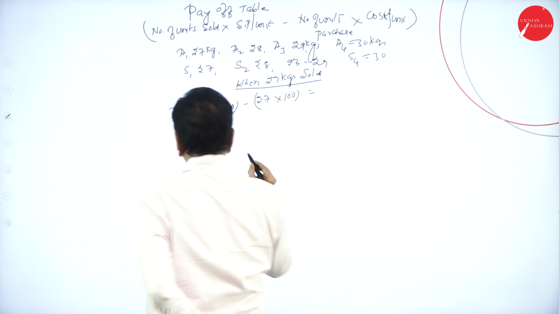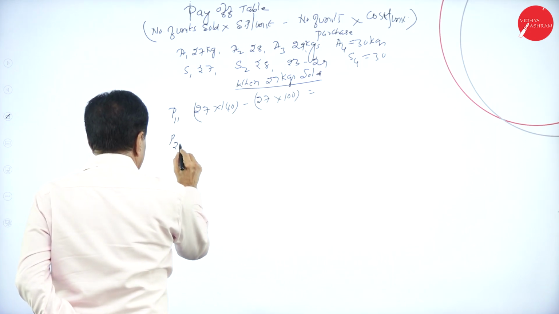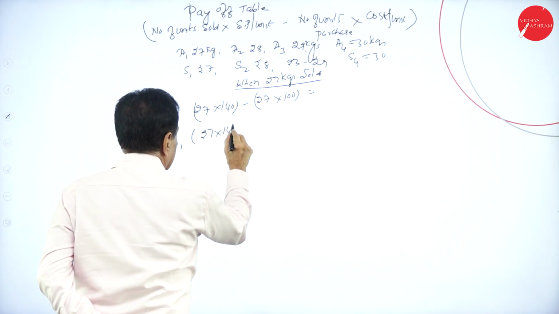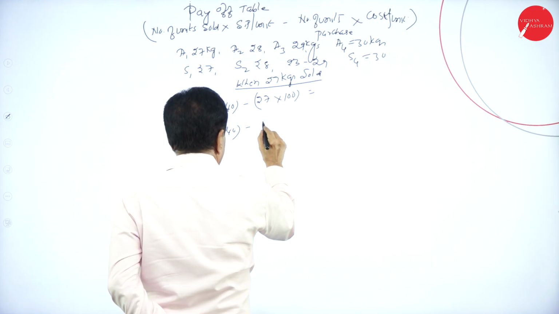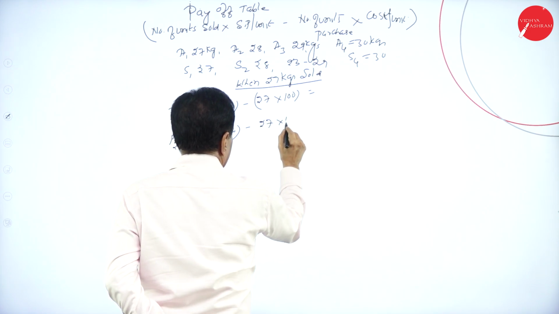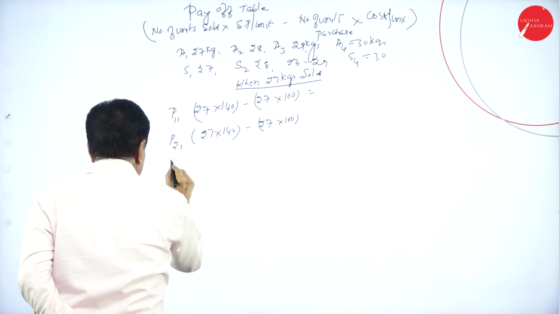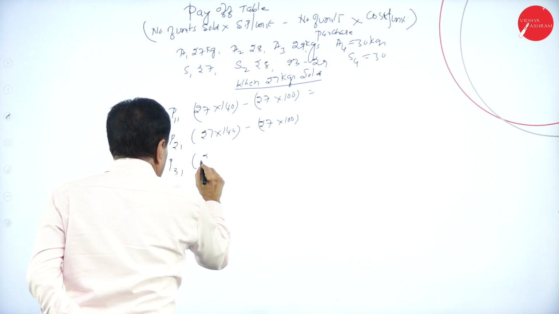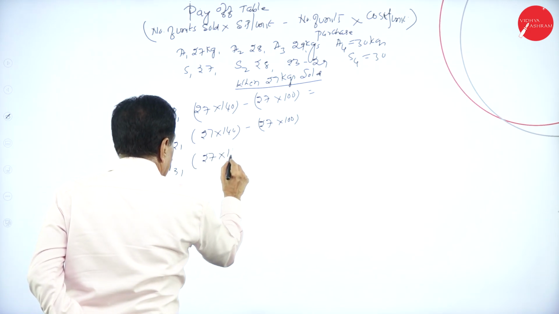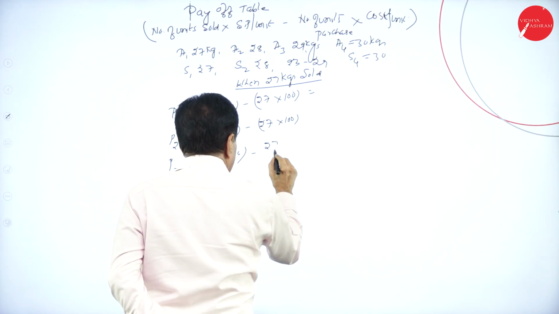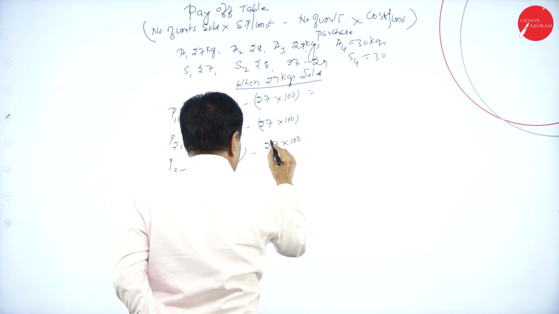Then P21, 27 into 140 minus 27 into 100. P31, 27 into 140 minus 27 into 100.